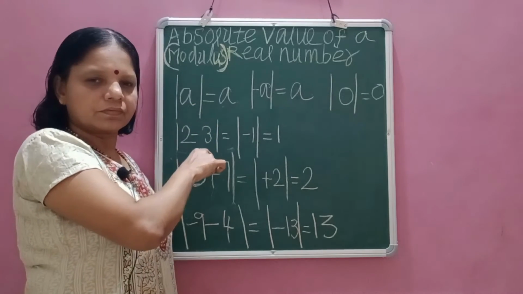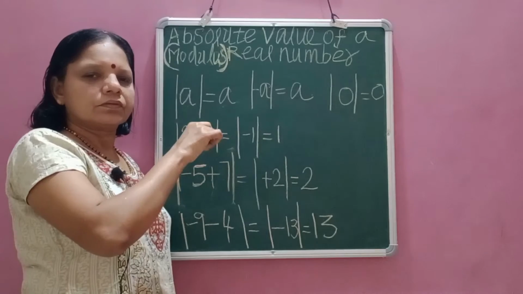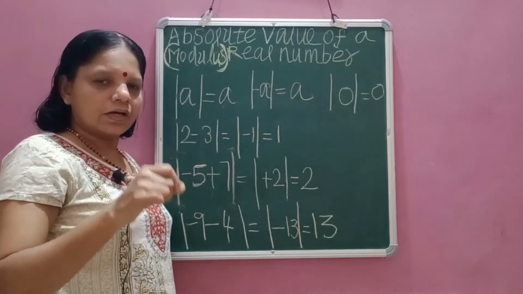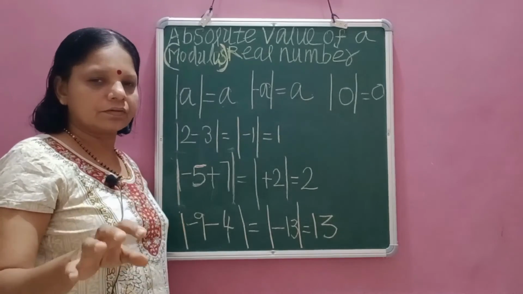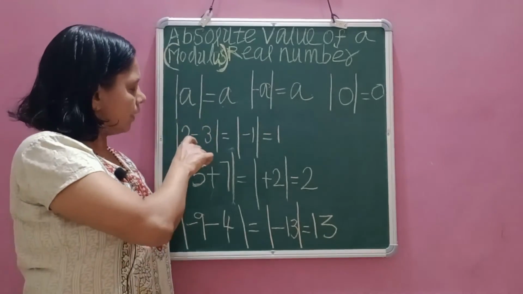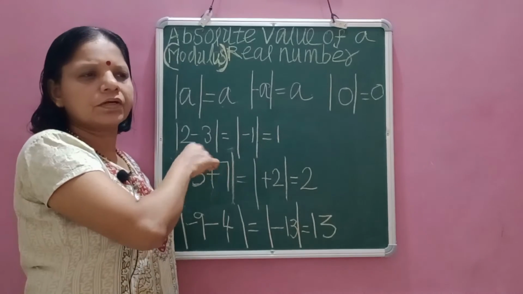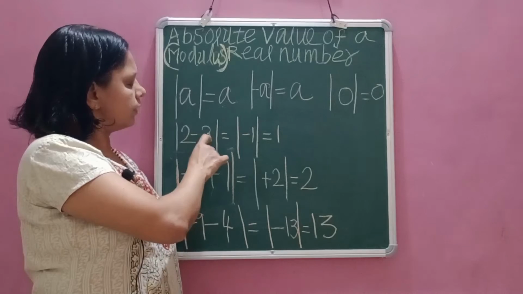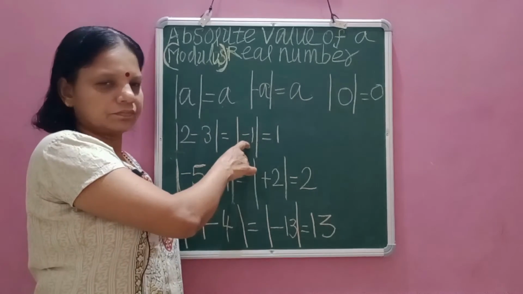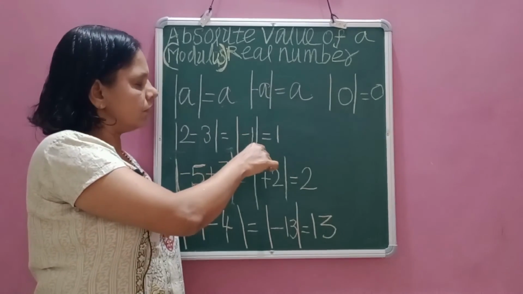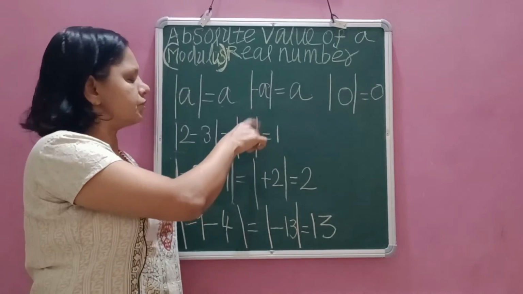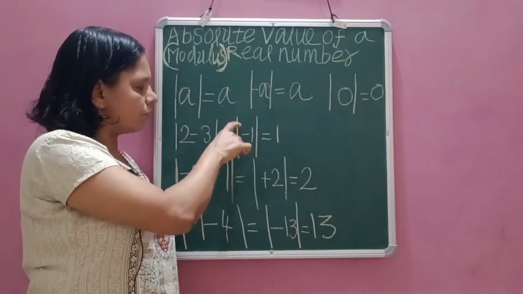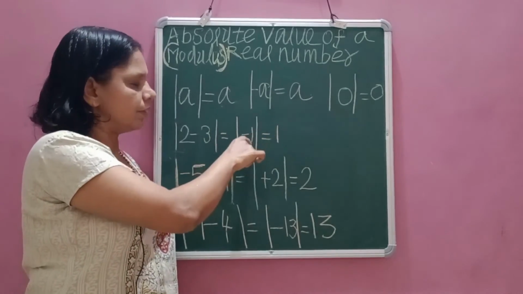Subtract the smaller number from the larger number and give a negative sign. So 2 minus 3: find 3 minus 2 and give a negative sign. The answer is minus 1. So the question is what is the absolute value of 2 minus 3? And on simplifying, we got absolute value of minus 1.